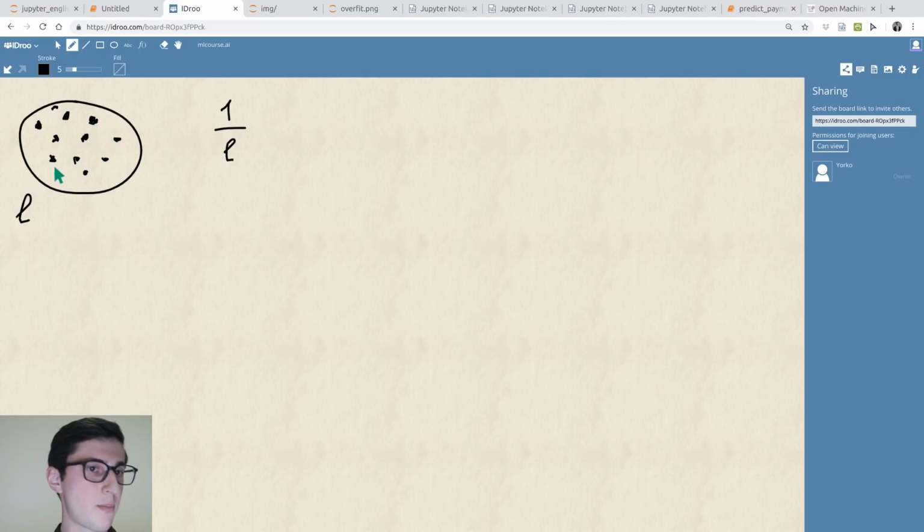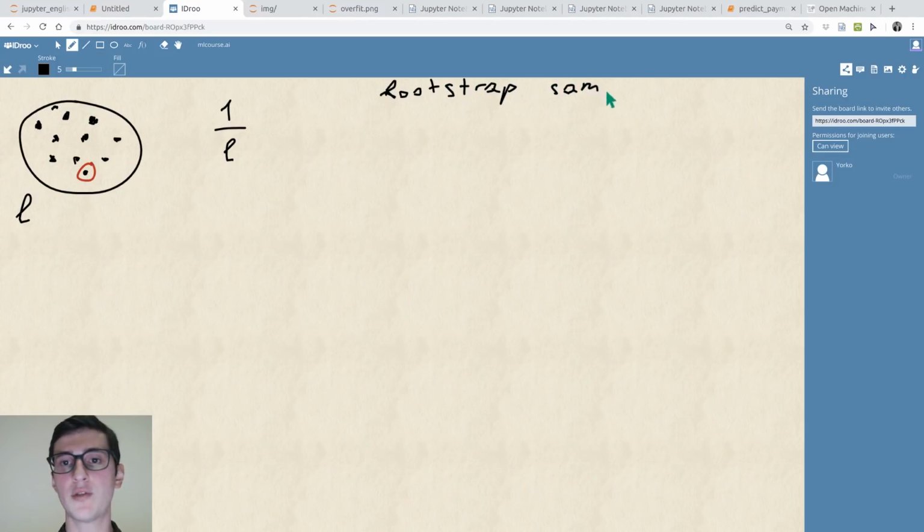Let's take a look at some particular ball, maybe this one, and let's calculate the probability that it's not going to occur in our bootstrap sample. So here I'll have again a bootstrap sample. And now I'm interested in the probability that this ball, I will put only one number, ball 17, is not in our sample.